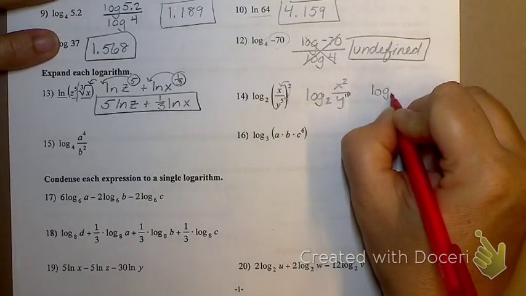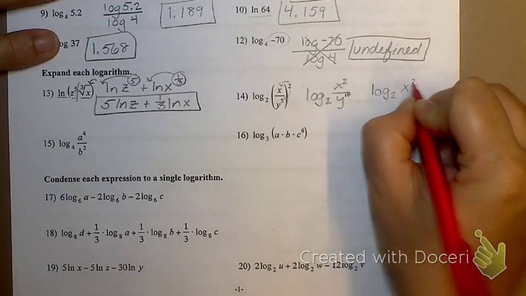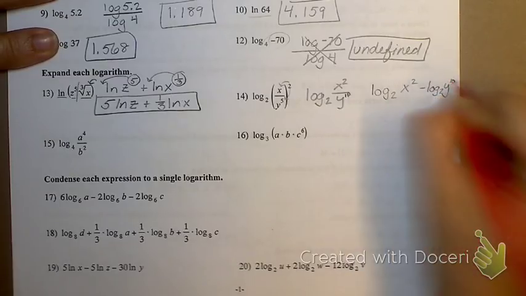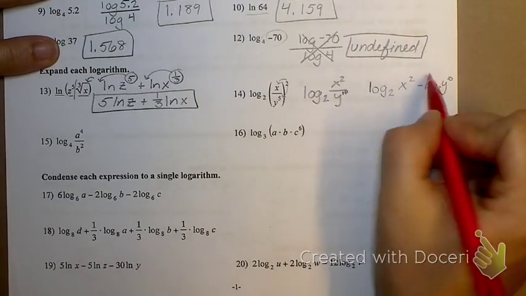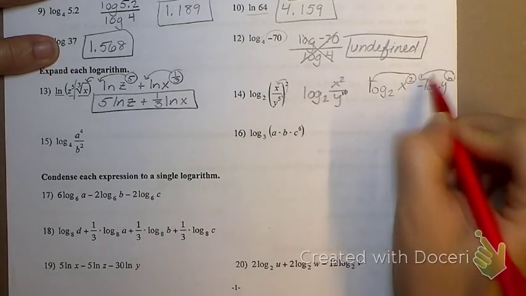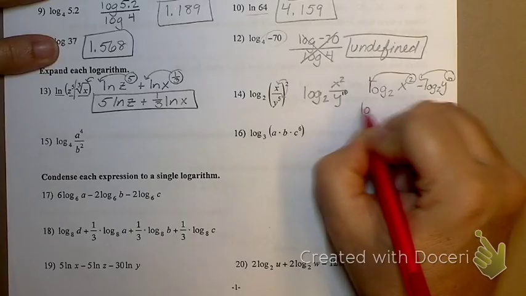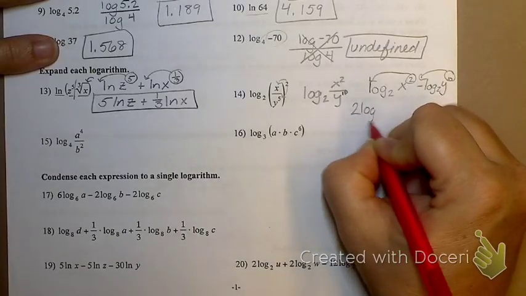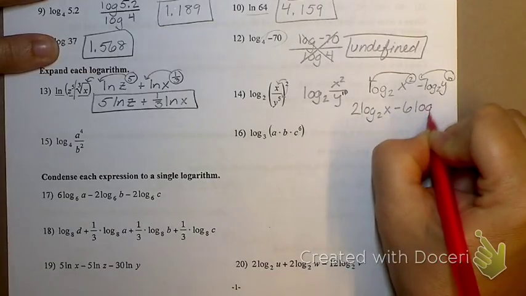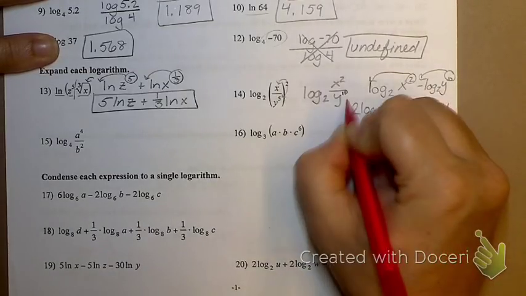Subtraction. That gives me log base 2 of the top minus log base 2 of the bottom. And the last step, take those exponents, bump them to the front. So 2 log base 2 of x minus 6 log base 2 of y.